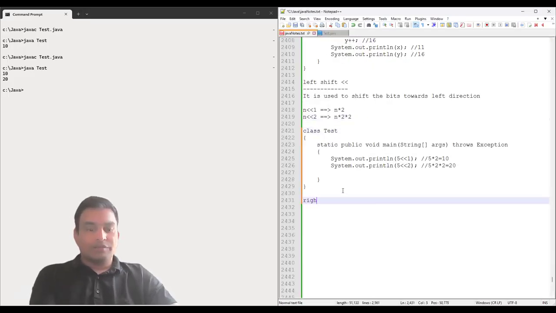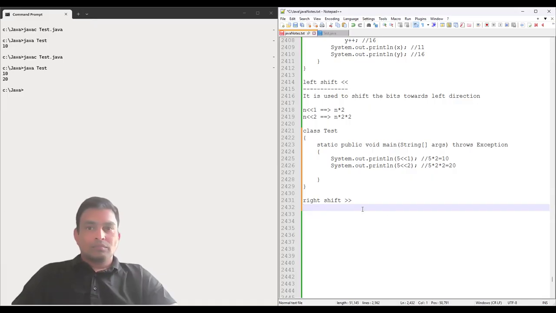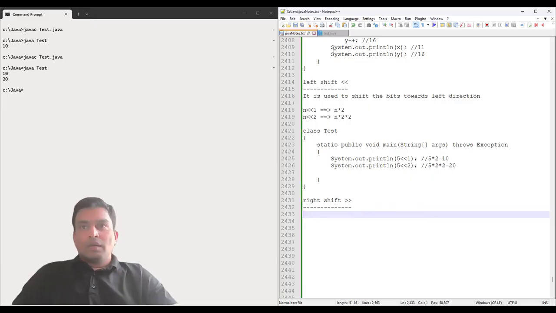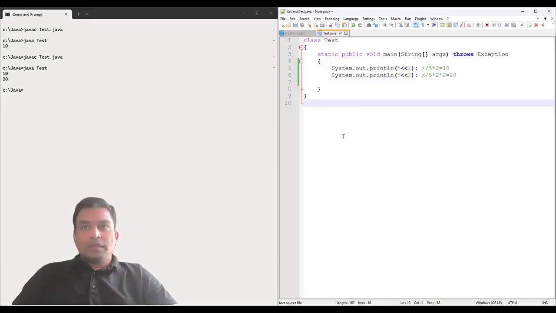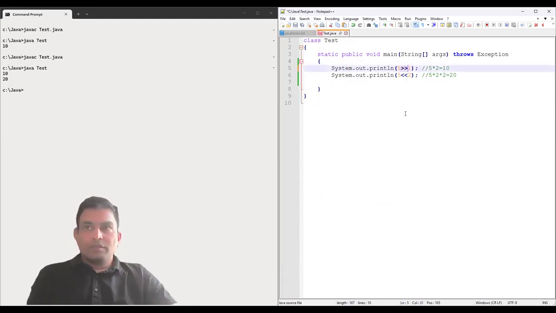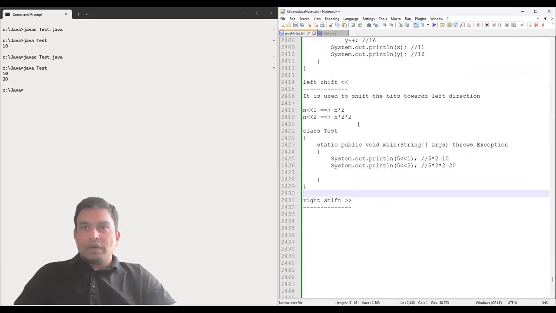Likewise, we have right shift with double greater than symbols. In the right shift, the formula is, instead of multiplying, we have to divide the number by 2.